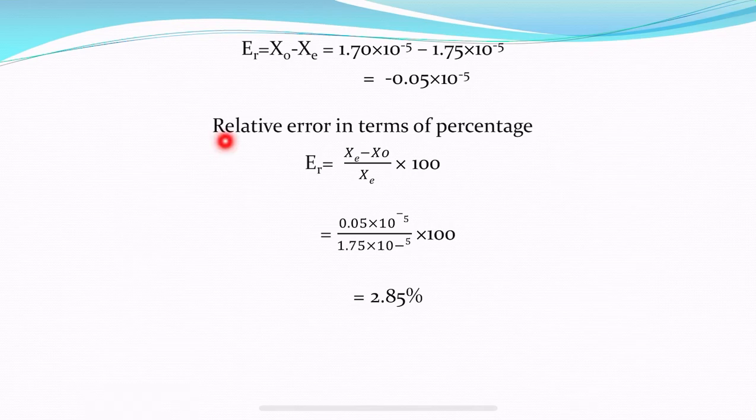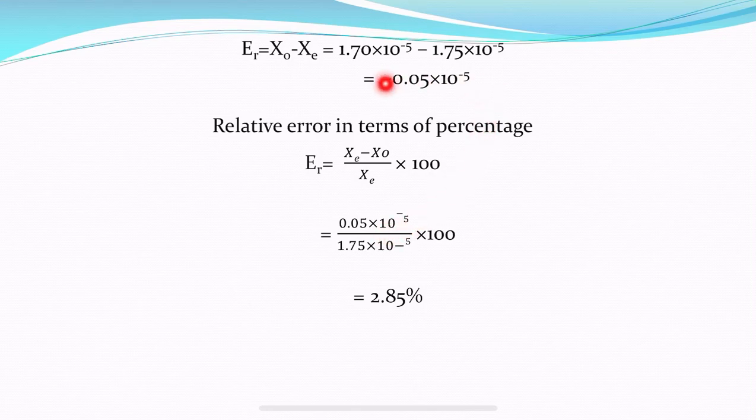Now I am calculating relative error in terms of percentage. Then E_R is equal to (x_E minus x_0) divided by x_E into 100. Substitute the value of x_E, the expected value 1.75. The difference is the absolute error, the difference of observed value and expected value, which is minus 0.05.